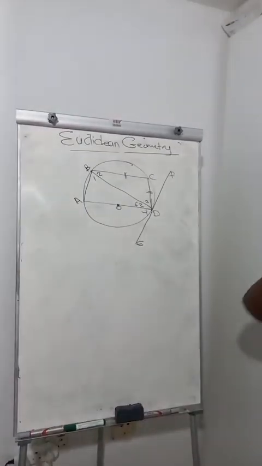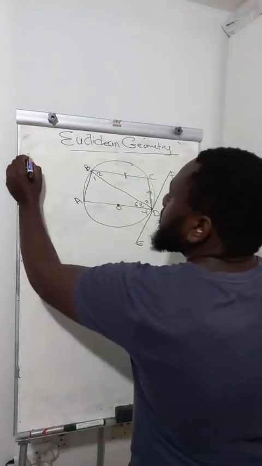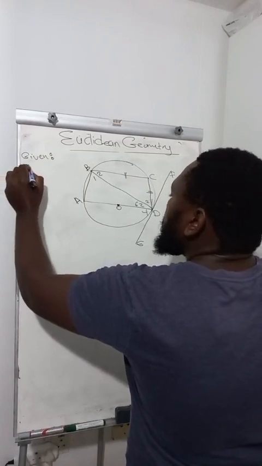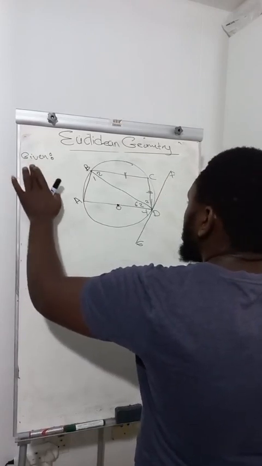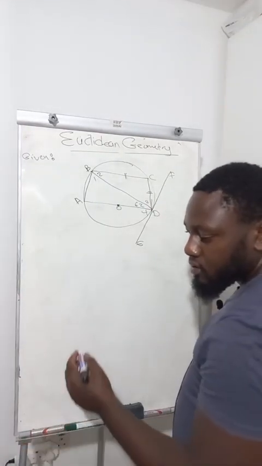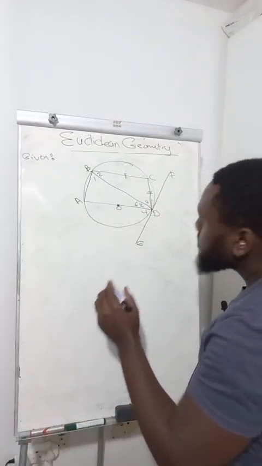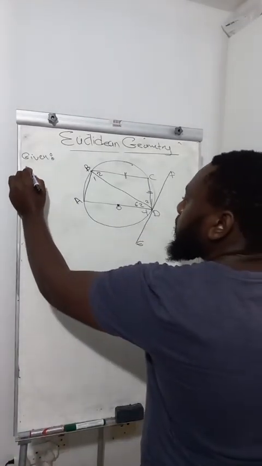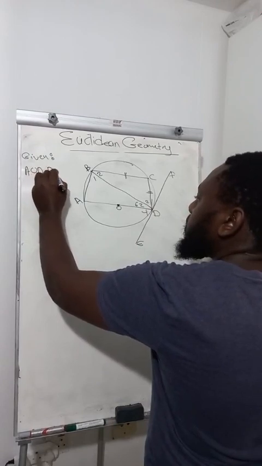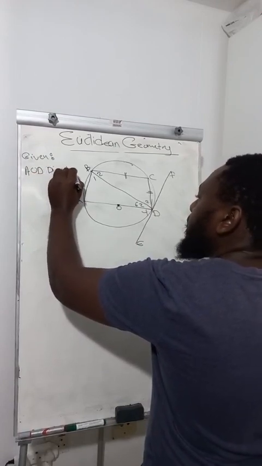So here you're having, okay, they say in the diagram below you've got AOD, which is a diameter.